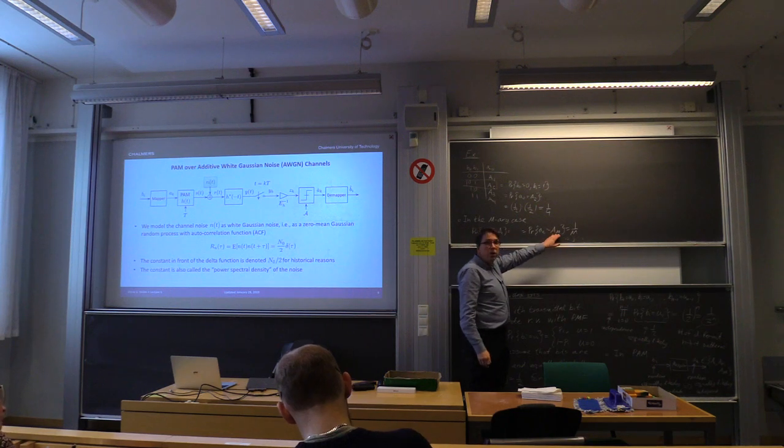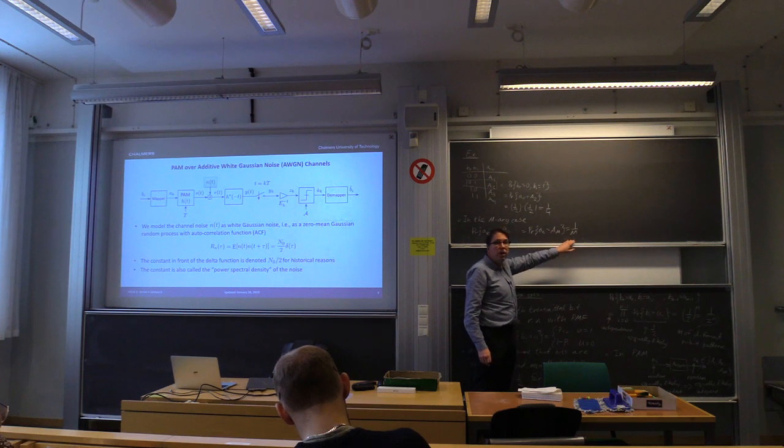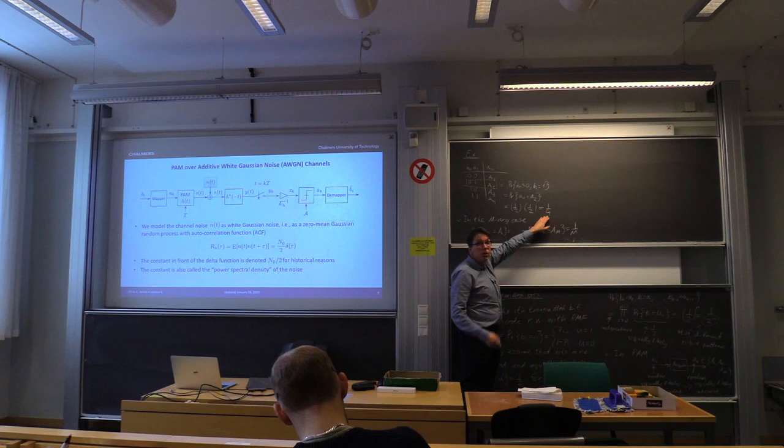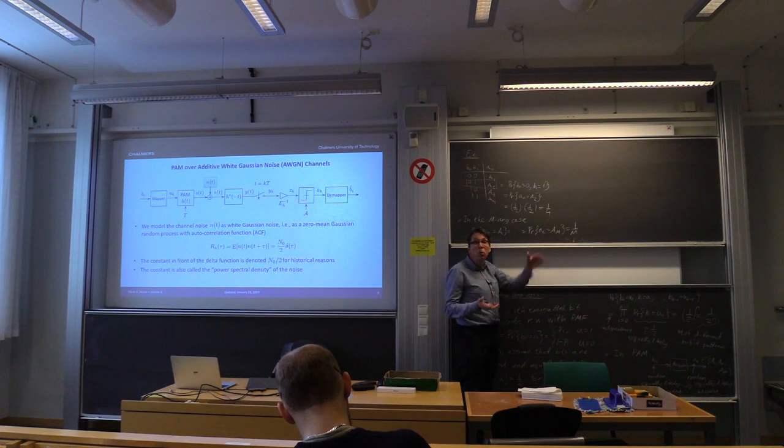Capital M possibilities, all of them having the same probability, namely 1/M. In this case, M is 4, so the probability is 1/4, and that's for all the symbols.